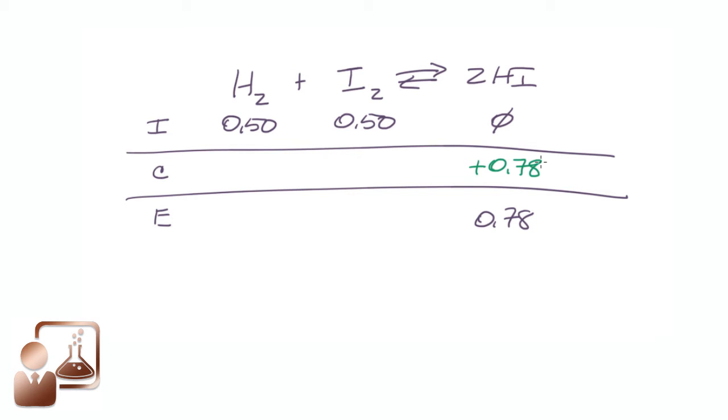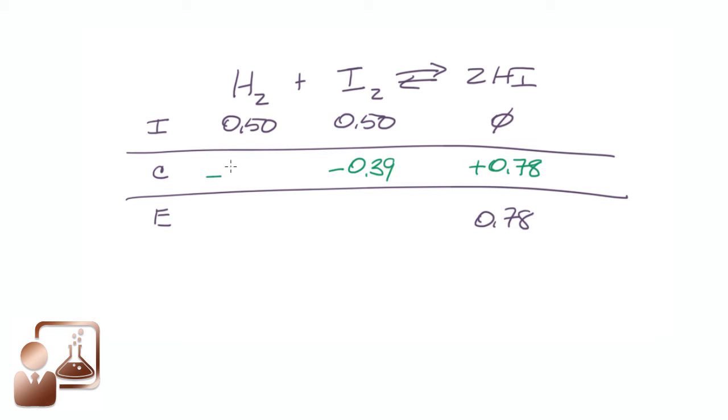Well, by stoichiometry, I know that every time I consume one iodine molecule, I produce two hydrogen iodides. That middle column, change, the ratio of all those things is indicated by the balanced chemical equation. So if I produced 0.78 moles of hydrogen iodide, I consumed half of that, 0.39 moles of iodine.